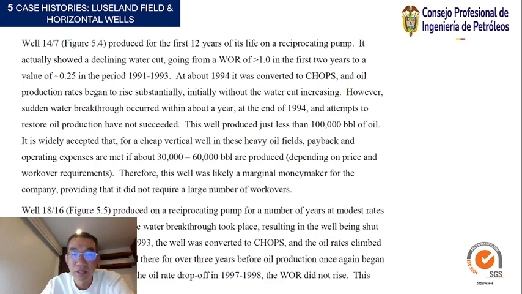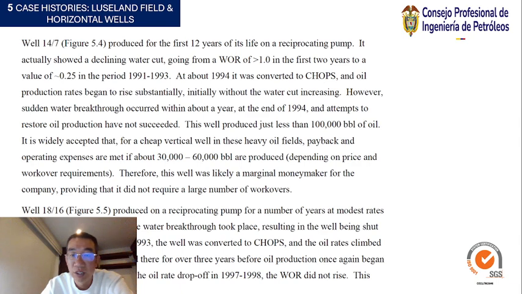Therefore, this well was likely a marginal money maker for the company, providing that it did not require a large number of workovers.